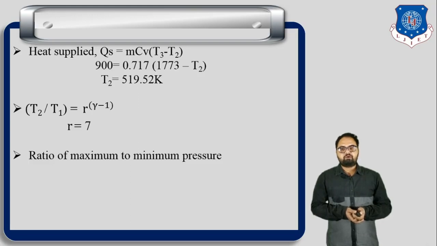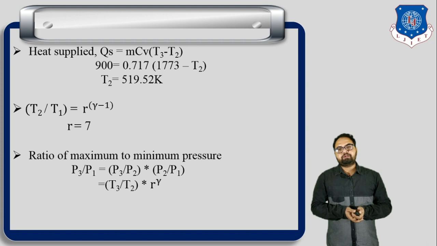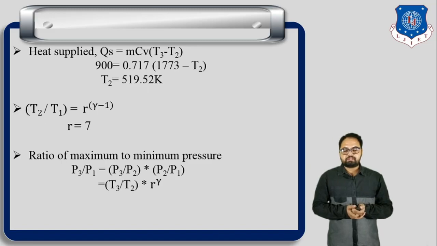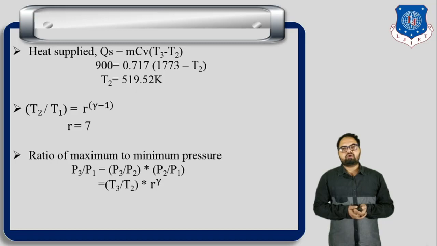Now we will find out the ratio of maximum to minimum pressure, that is P3 by P1. In this ratio P3 by P1, if we multiply and divide by P2, we will get the equation as P3 by P2 divided by P2 by P1, and P3 by P2 is equal to T3 by T2, that is the relation between temperature and pressure, and P2 by P1 is equal to R raised to gamma.